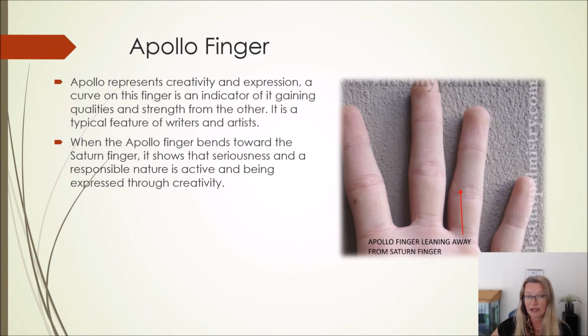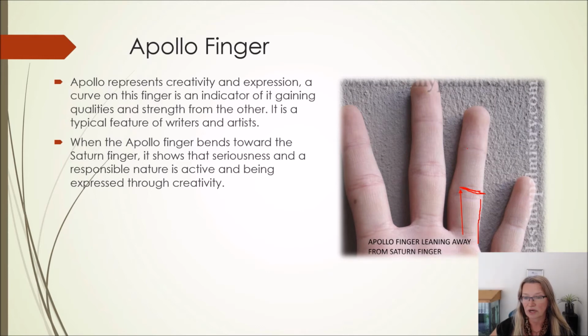When the Apollo finger bends toward the Saturn finger, it shows that seriousness and responsible nature is active and being expressed through the creativity. You can see in this image, the Apollo is leaning away from the Saturn, and it seems to only do it from the second knuckle.